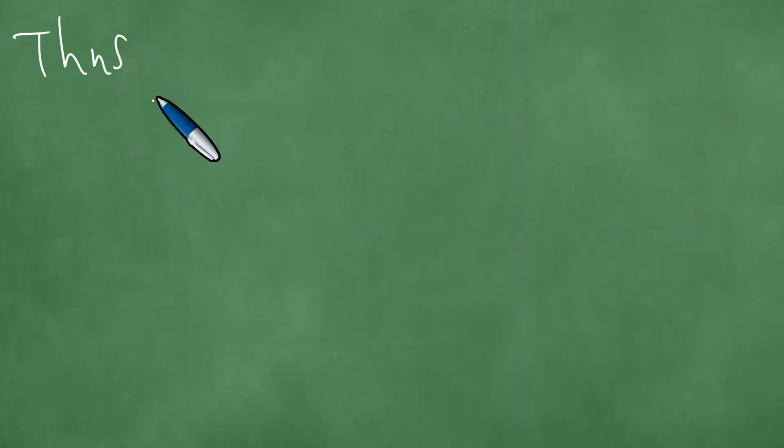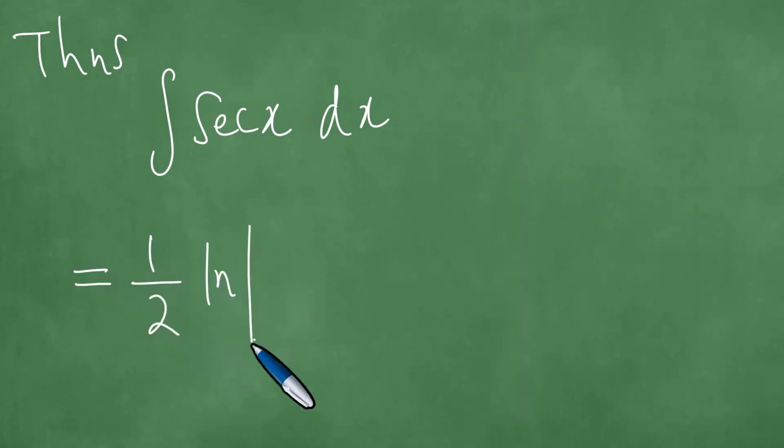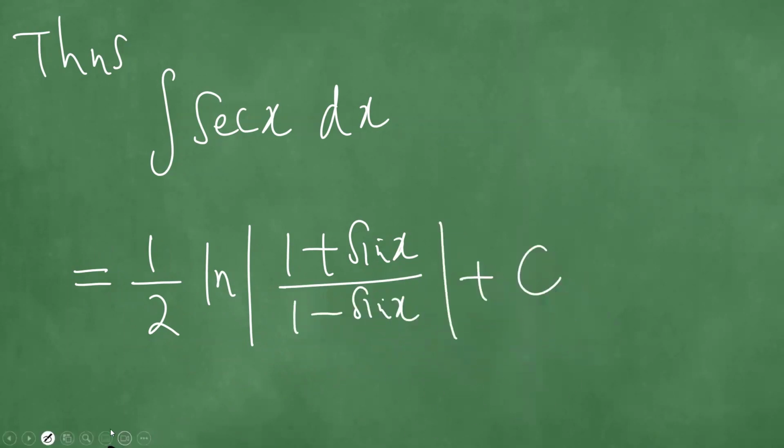Thus you have that the integral of the secant of x with respect to x. We've already seen, therefore, that this particular integral equals 1/2 times the natural log of 1 plus the sine of x divided by 1 minus the sine of x plus c.